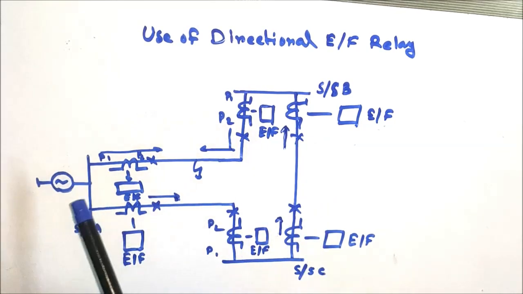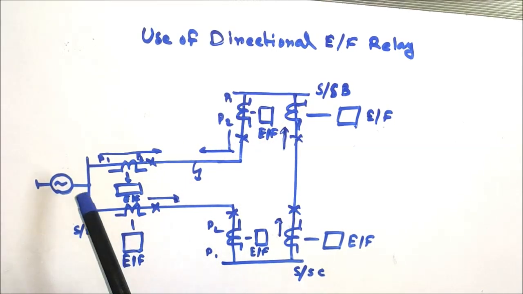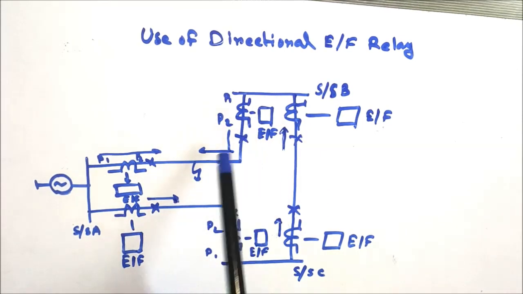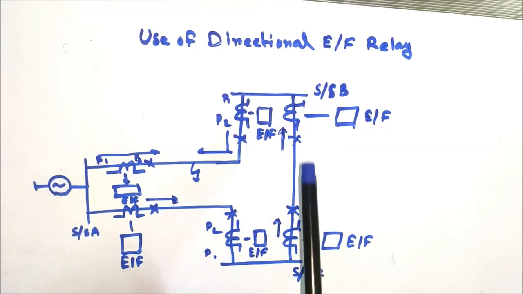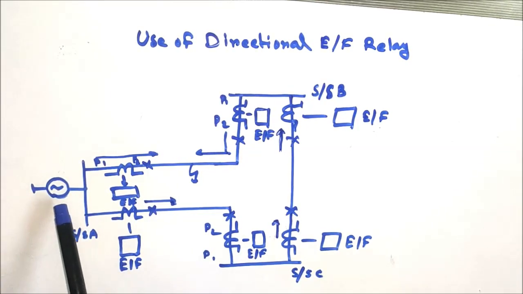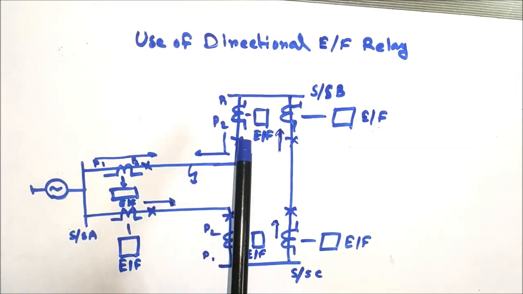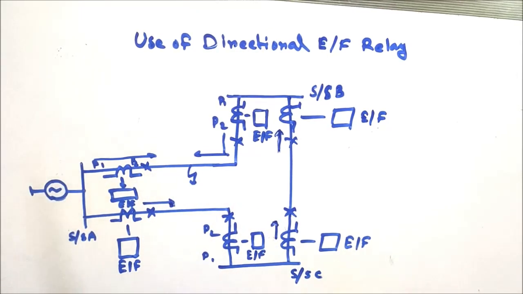In this example there exist three substations: substation A, substation B, and substation C. In between each substation there exists one line: between A and B one line exists, between A and C one line exists, and between B and C one line exists, and a source is connected only with substation A. Therefore under normal condition power will flow from substation A to B, substation A to C, and from either B to C or C to A via substation A.